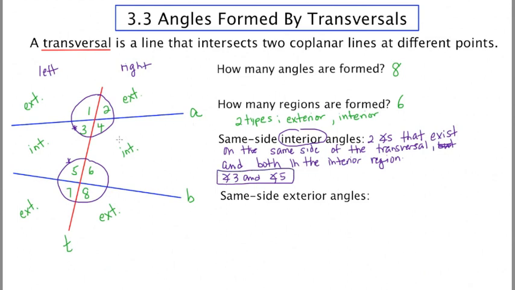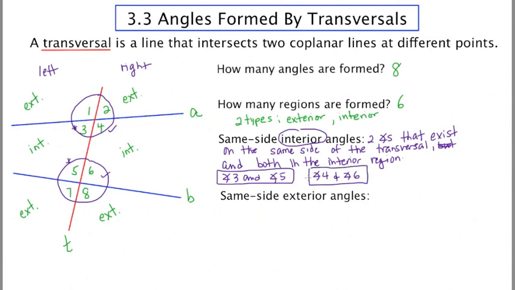If I take a look at angle 4, and I'll put a check by angle 4, it is on the right side of the transversal. It's also from this upper cluster. So I now need to take another angle from the bottom cluster that's also on the right side and also in the interior region. And that's going to be angle 6. So angle 4 and angle 6 are also same side interior angles.